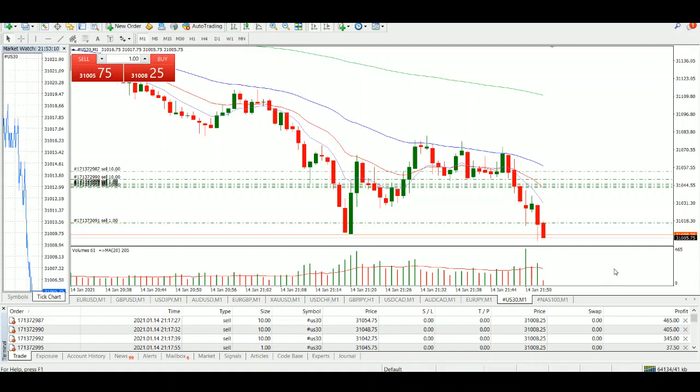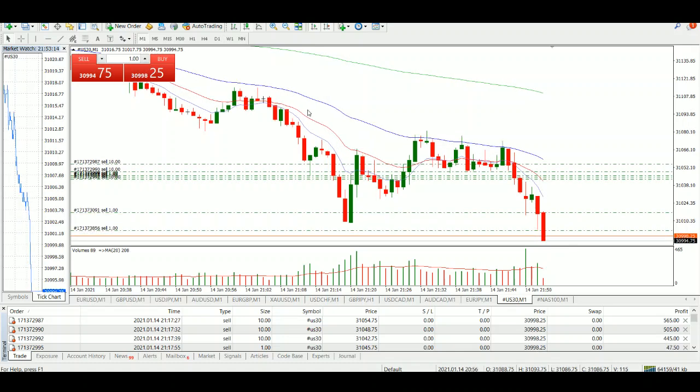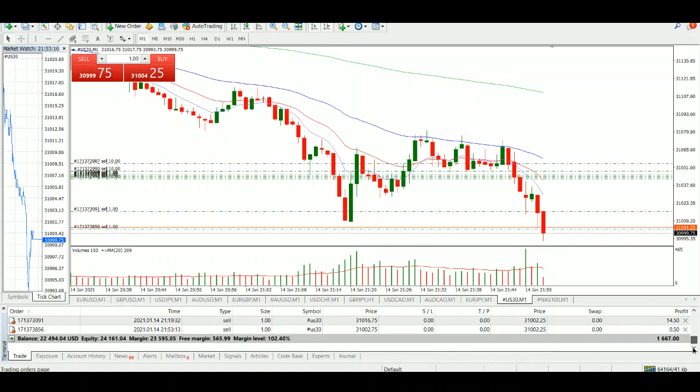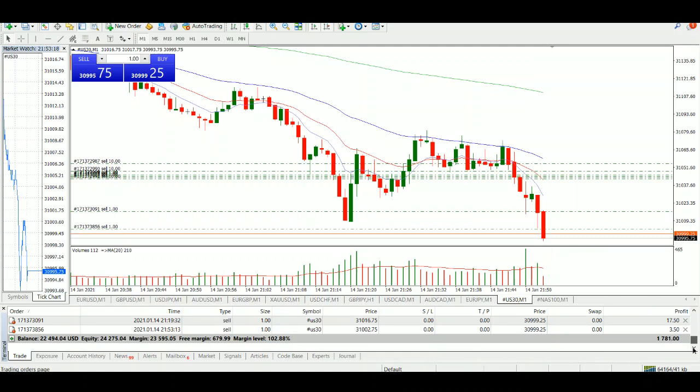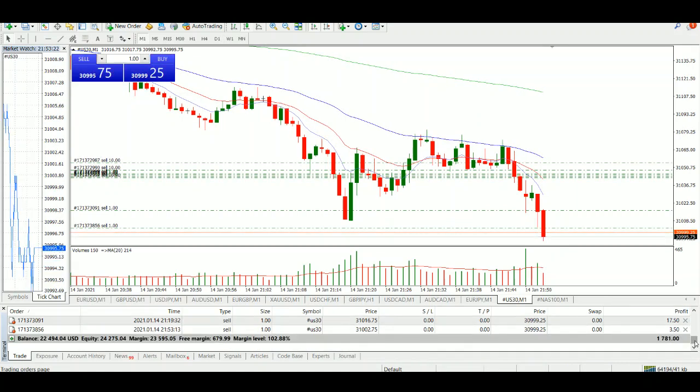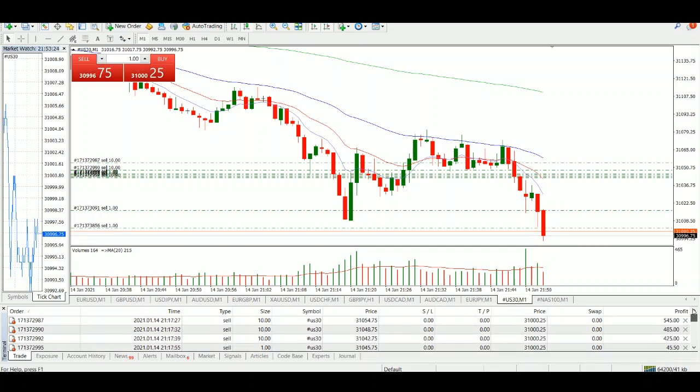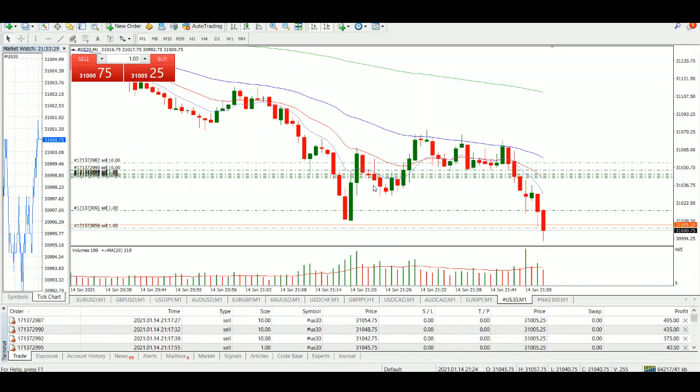Volume is higher and higher. I will be selling more. I'm selling more. Here I am, $1,700 in profits, $2,000 in profits. 2K is very close. And I'm adding on to my orders to add on to my winnings.